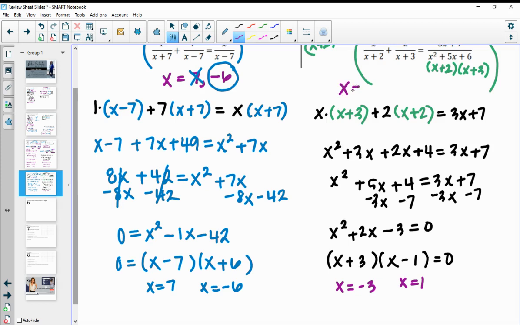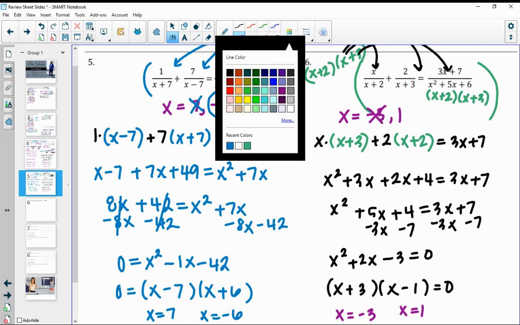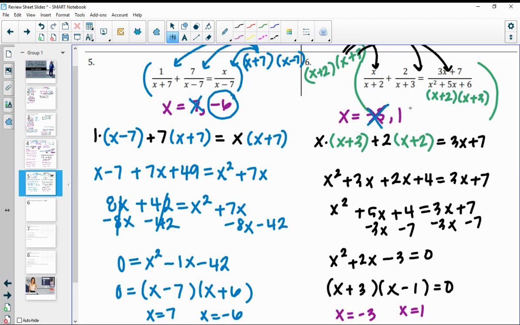So the two values we need to check are negative 3 and 1 into our original denominators. And we know that when we plug negative 3 into here, that will give us 0. So we're going to cross that out. This one was extraneous, so our only solution is x equals 1.